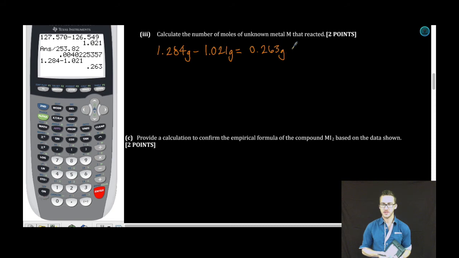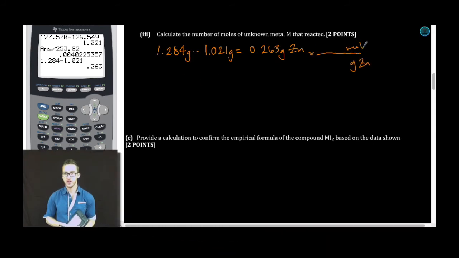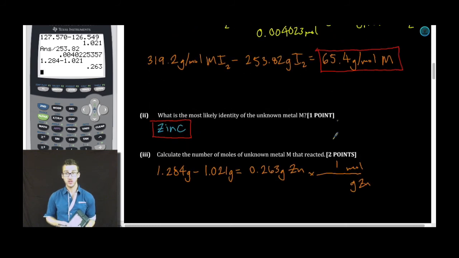0.263 grams of zinc. Careful though, we're asked to determine number of moles, so I'm going to take my mass in grams and convert to moles. Now, I determined the molar mass earlier in the problem, 65.4. You want to make sure that you're going to use the molar mass that you calculated earlier in the problem, which should correspond to subpart II.